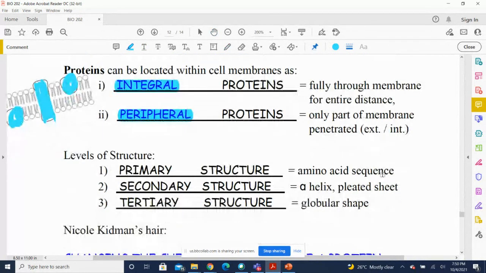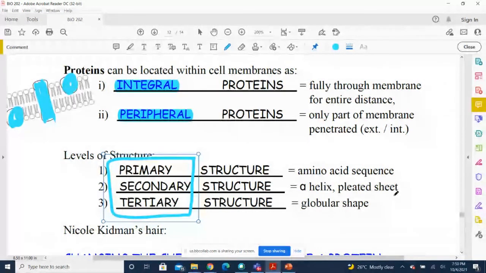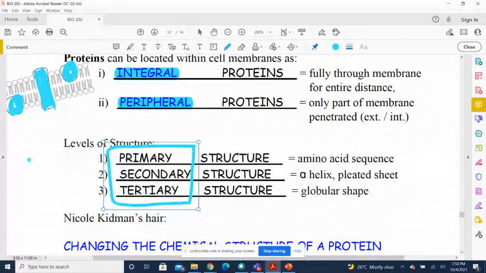Levels of structure of the proteins, I shared that we could study it in many levels. Primary, secondary, and tertiary level, we discussed what the differences between those were. Primary level, just an amino acid chain. Secondary level, we had these pleated sheets. And on the tertiary level, we got the true 3D shape of that.